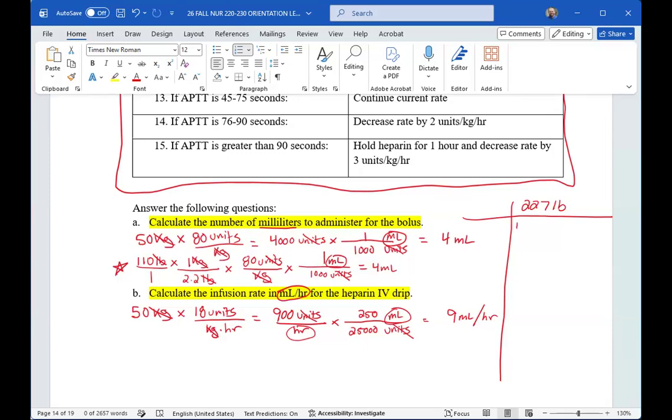I just want to know what would be the bolus for a 227-pound individual, and then what would be the drip rate for this individual? As soon as you have an answer for both, go ahead and type it into the chat.